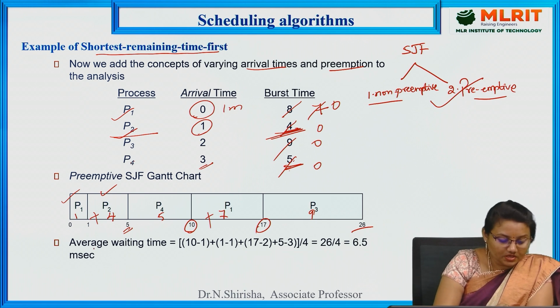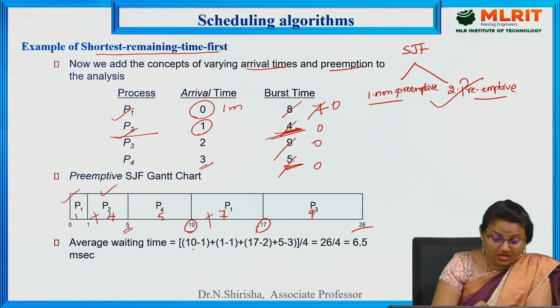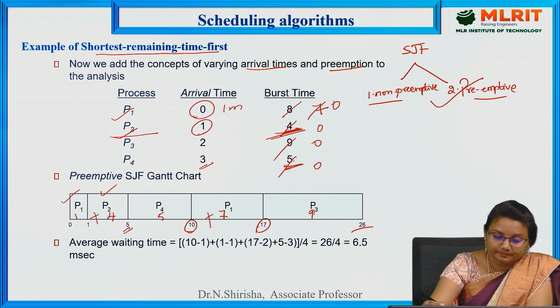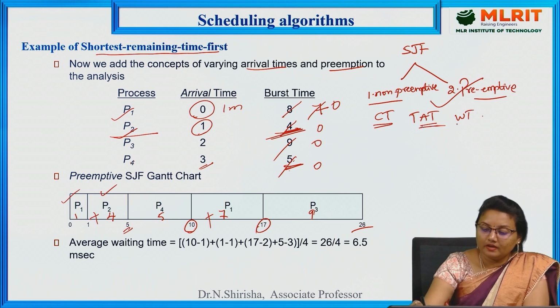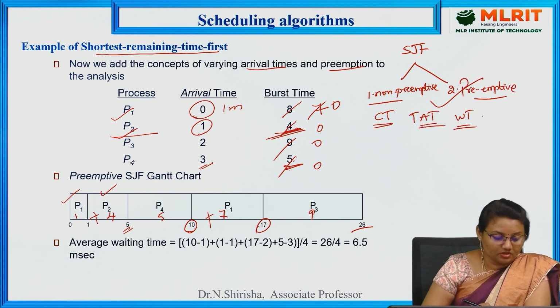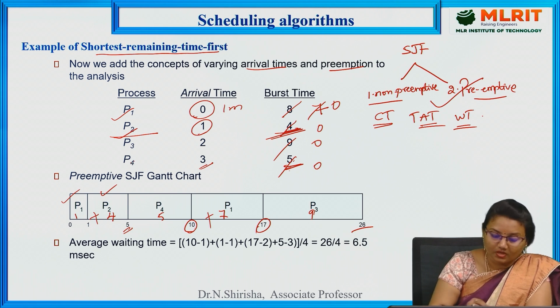So, if you see here, the average waiting time of P1 is 10 minus 1. That means what? Let us write the completion time here, turnaround time, then waiting time. So what we have to do, we have to find the completion time. So the completion time for P1 is 17, right?